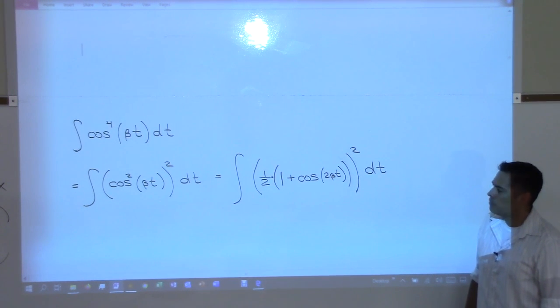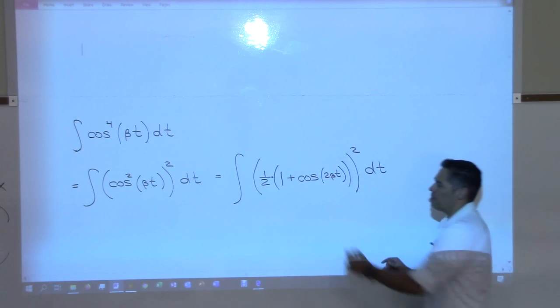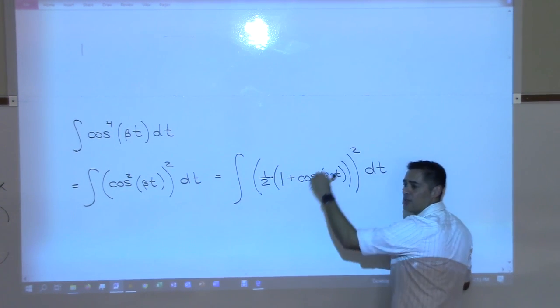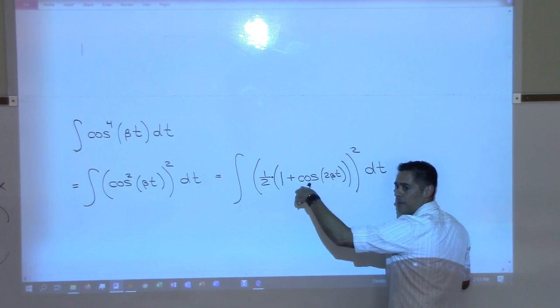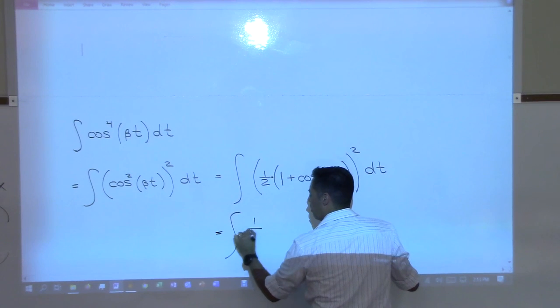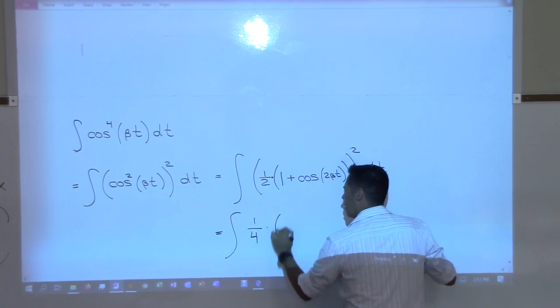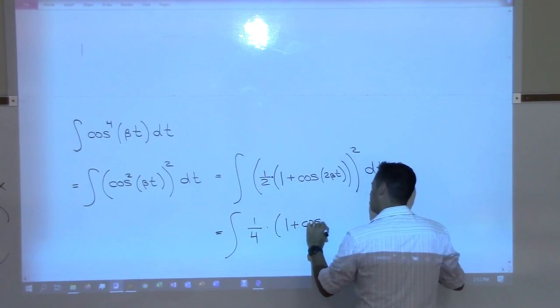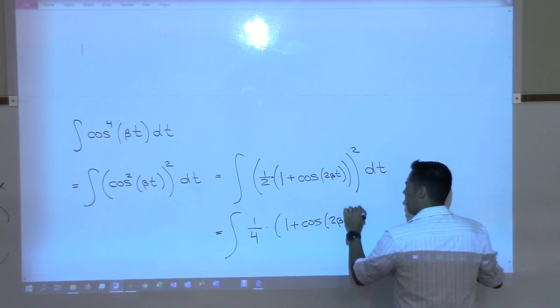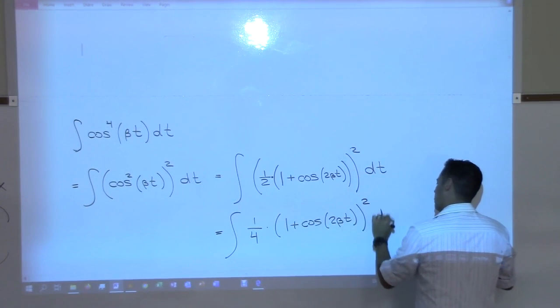Right? So when we square this, because this is multiplication, I can square the half and I can square the whole thing in here. So my next line is going to look like this. Integral, I'll have 1/4 times 1 plus cosine of 2 beta t, and then that thing squared dt.